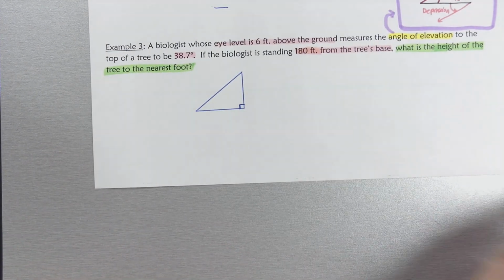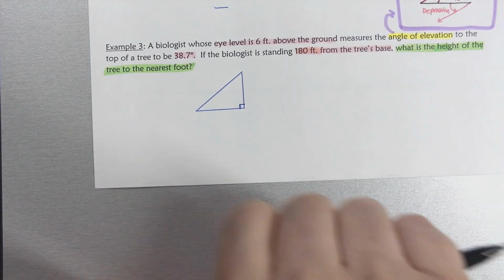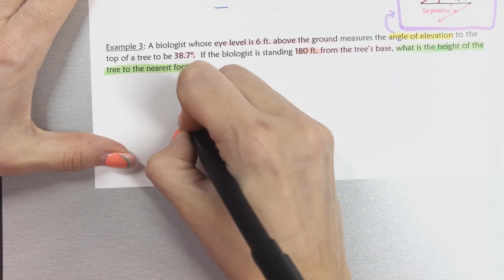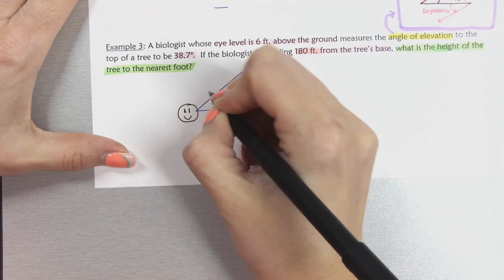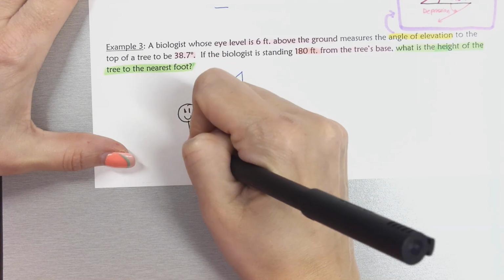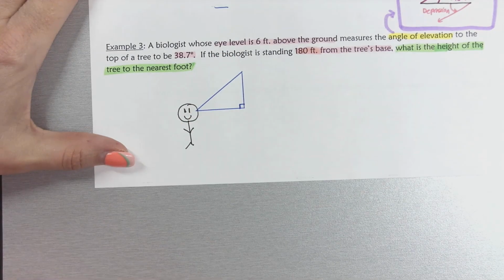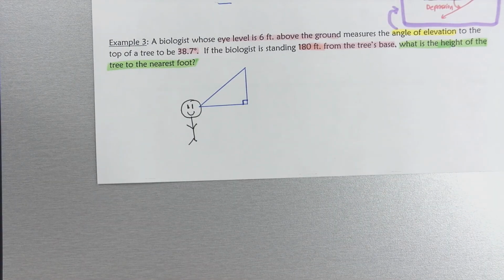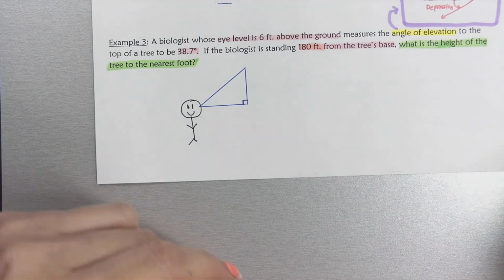Okay, and then we're going to draw the biologist in their eye level. So here's their eyes. My biologist. Okay, now the eye level is 6 feet above the ground.